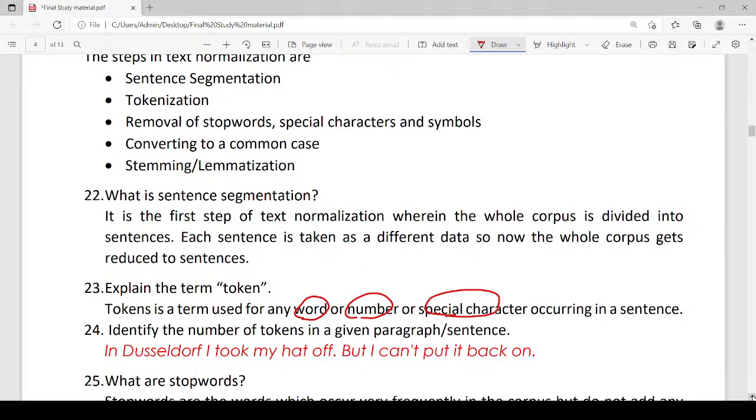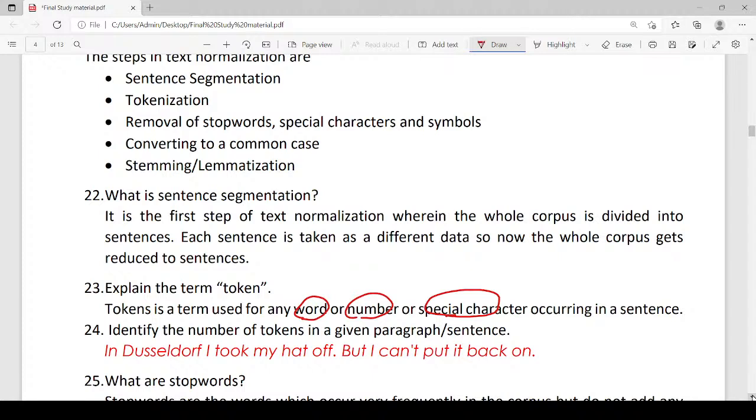This could be a question that may come in the board exam. Given a paragraph or a sentence, you may be asked to find the number of tokens. Now tell me in the text that is given in red color, how many tokens are there?